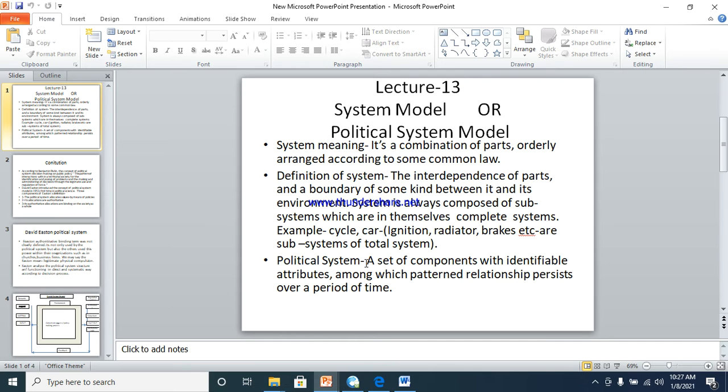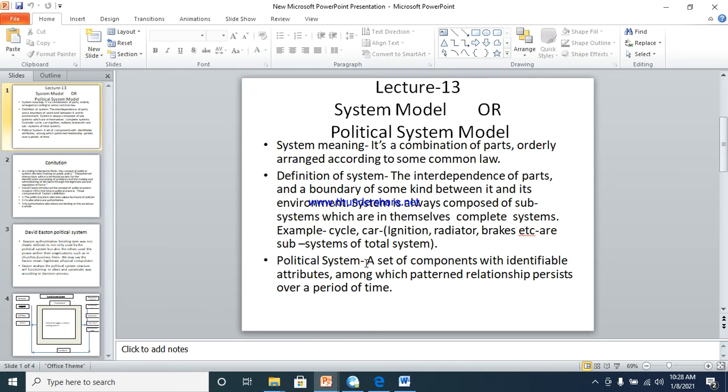This is a very important model. This is the model which is working all over the world in different shapes.